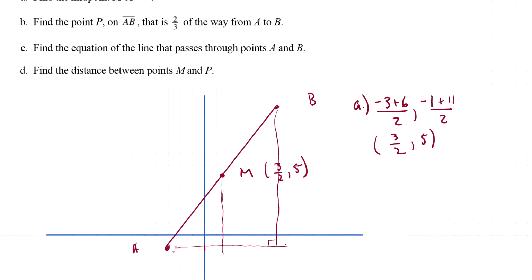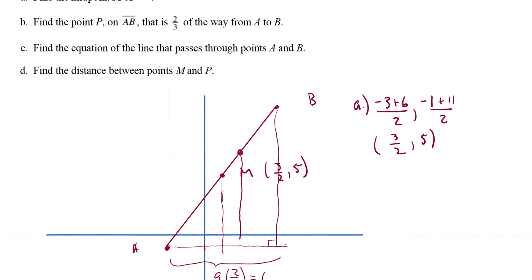So if I think about going 2/3 of this distance right here, I know that the distance from here to here is 9, and 2/3 of 9 is going to be 6. So 1, 2, 3, 4, 5, 6. And so this right here is 2/3 the way.